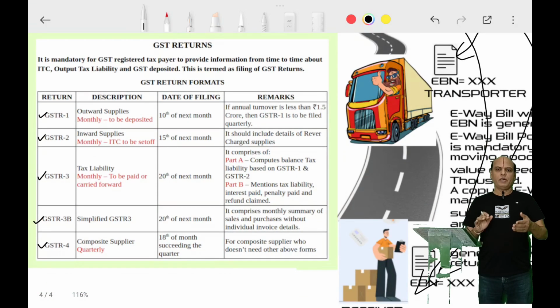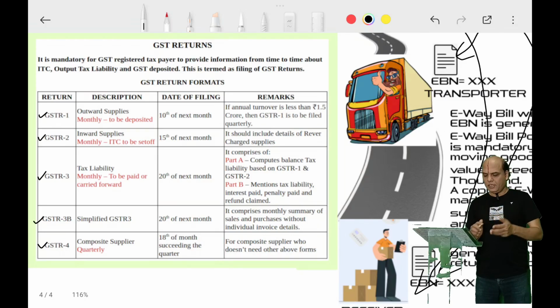Third, once you mention your outward supplies in the GSTR 1 format and inward supplies in the GSTR 2 format, using these two you can calculate your tax liability. The tax liability is mentioned in GSTR 3.